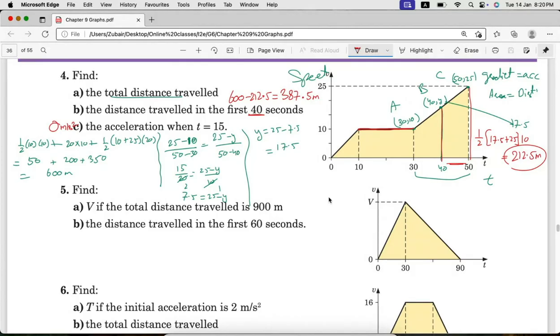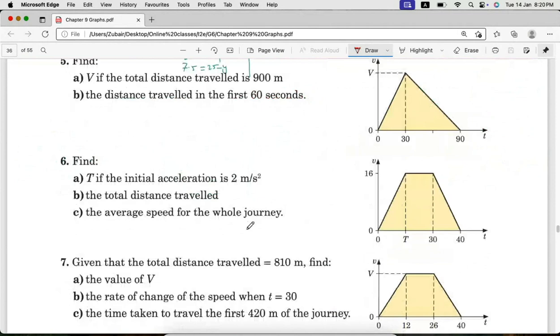Okay. Next question is find V if the total distance traveled is 900. Now, what will we do to equate this with 900?